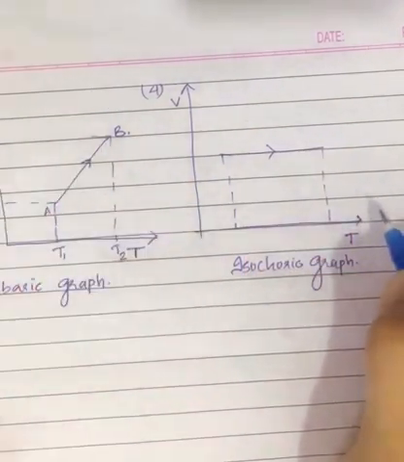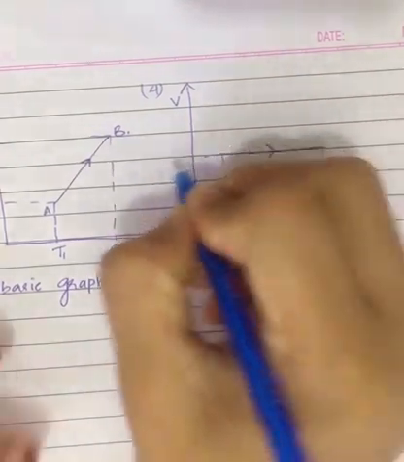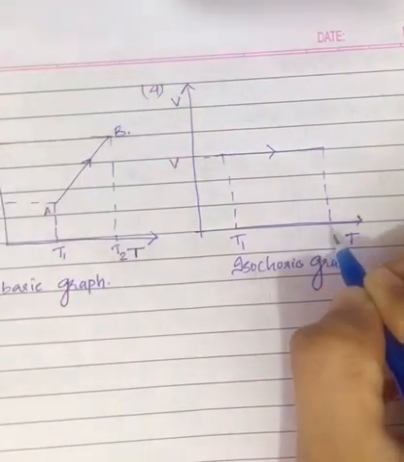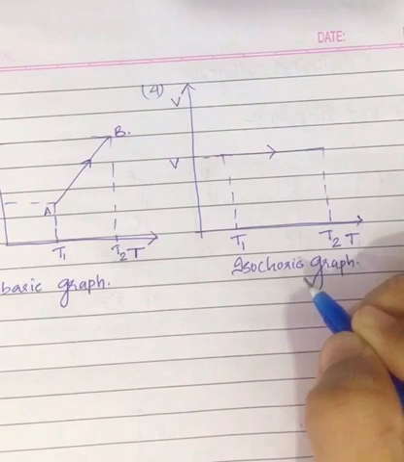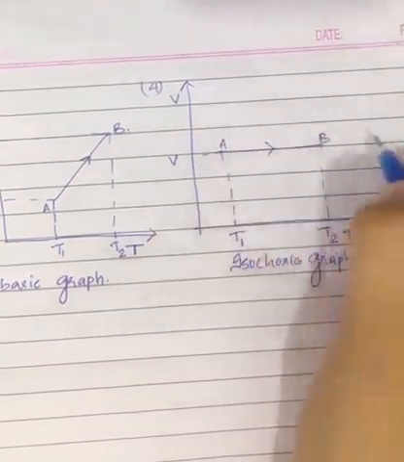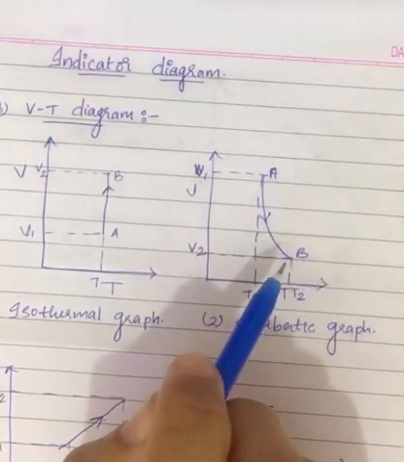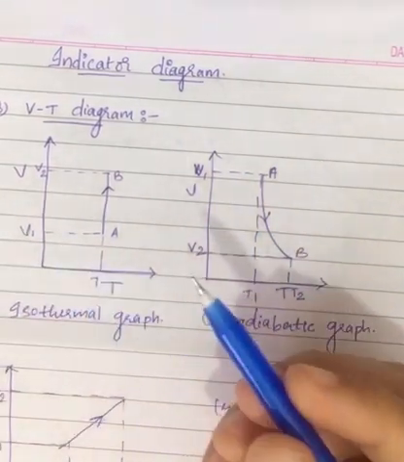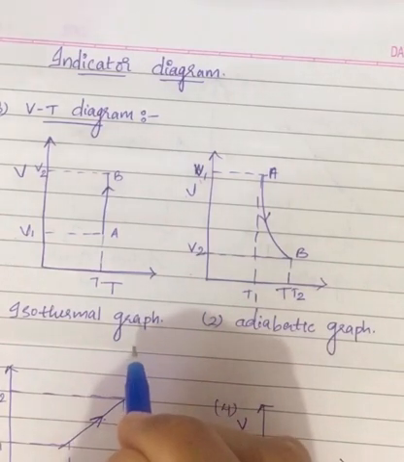Here, for the isochoric process, the system volume is always constant, where volume remains constant, so temperature varies. Here T1, T2, A, B. Here this VT diagram enables us to find the temperature for the corresponding volume which is undergoing a thermodynamic process. Okay.